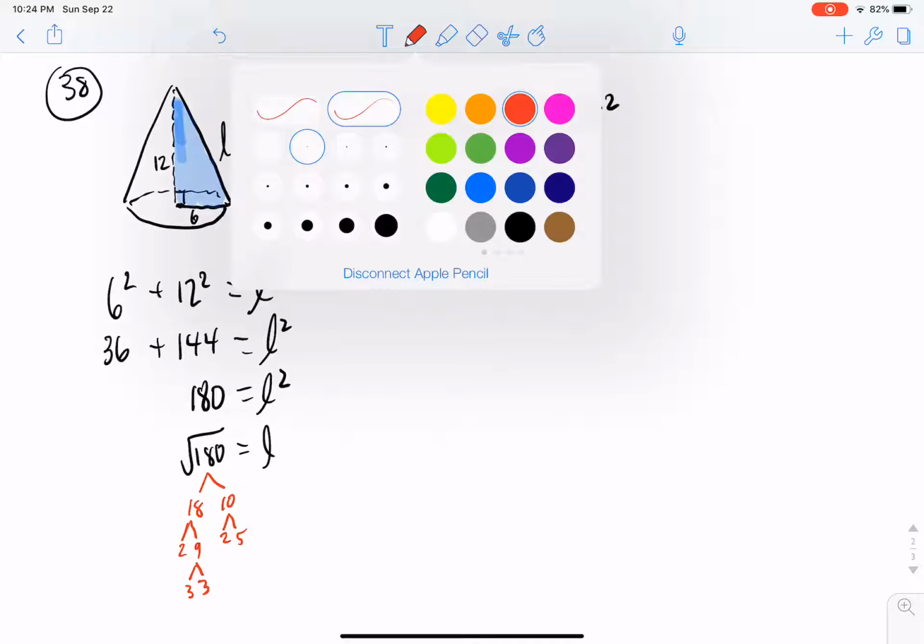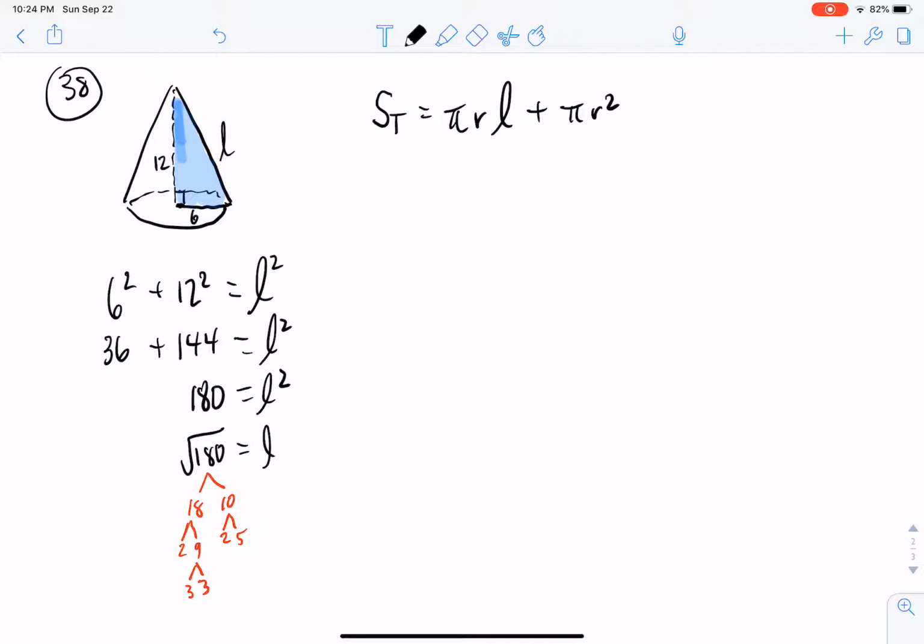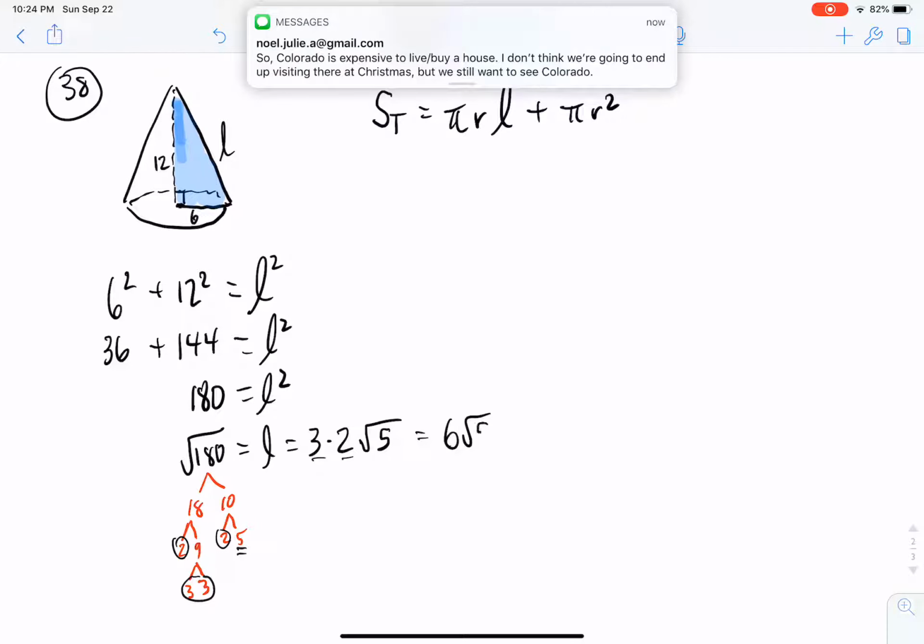We've got a pair of 3s, so a 3 can come out. We've got a pair of 2s, so a 2 can come out. And then the 5 has got to stay in the house all by himself. So for our slant height, we can multiply the 3 and the 2 together and get 6 square root of 5.